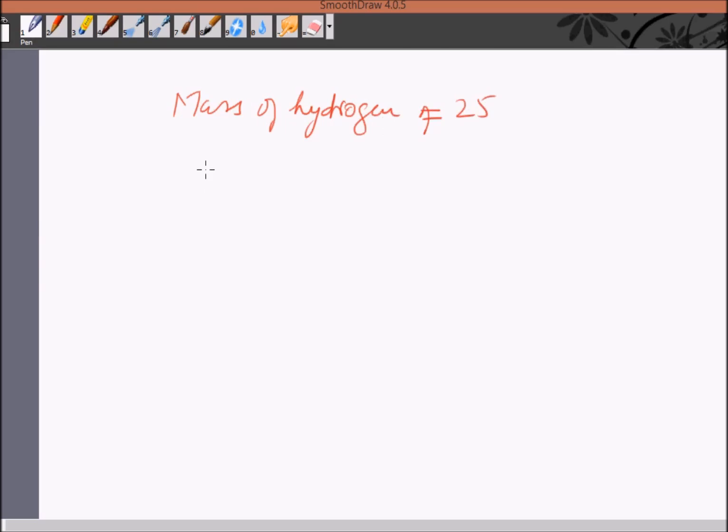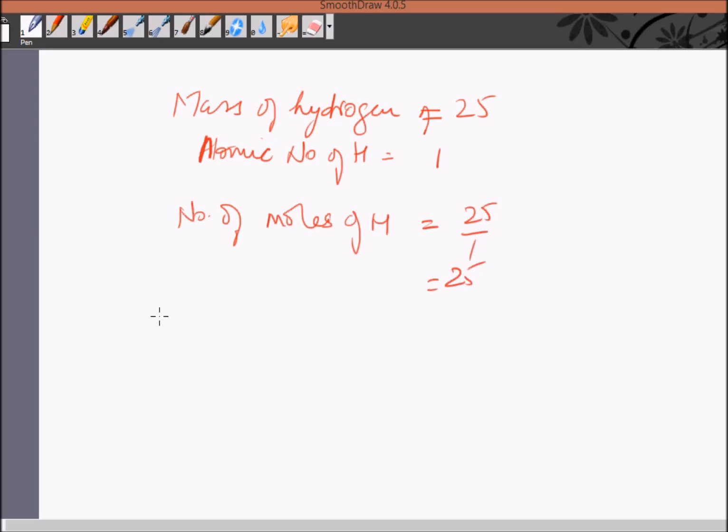The mass percentage of hydrogen is 25. The atomic mass of hydrogen is 1. So the number of moles of hydrogen atom is 25 upon 1, which comes out to be 25 only.